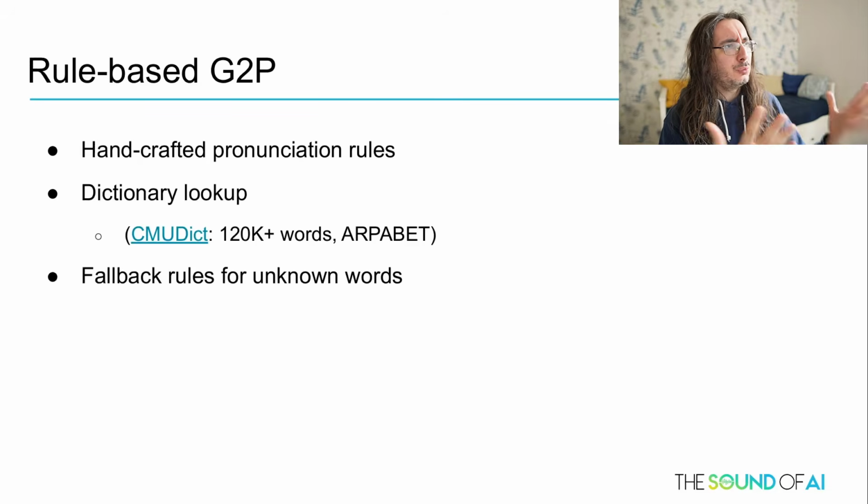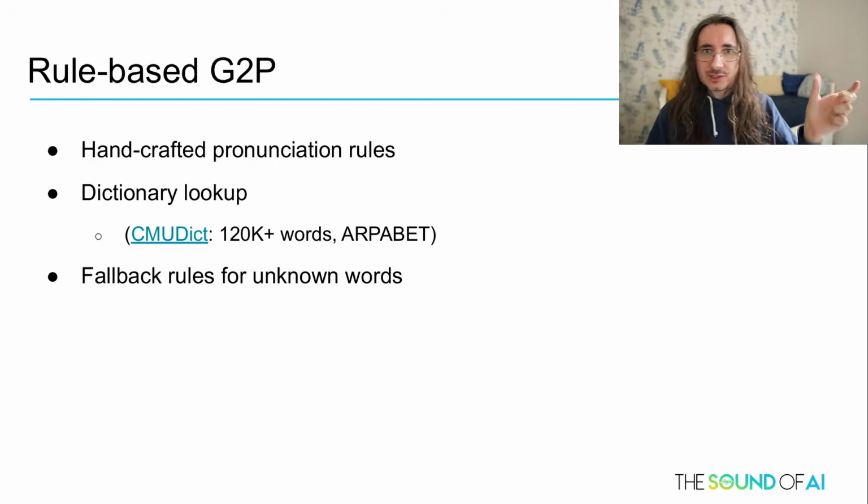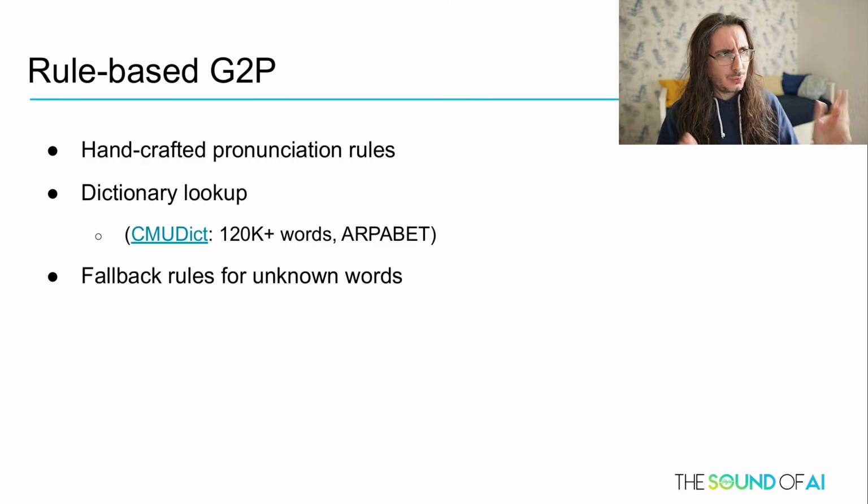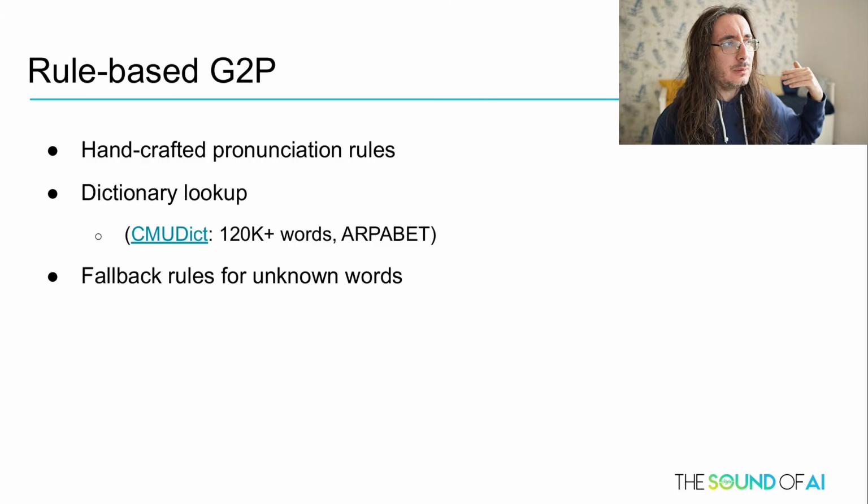For rule-based G2P, what happens is that you handcraft pronunciation rules that move you from the character grapheme space to the phoneme space. So you have these rules, and you also do dictionary lookups. What is this?